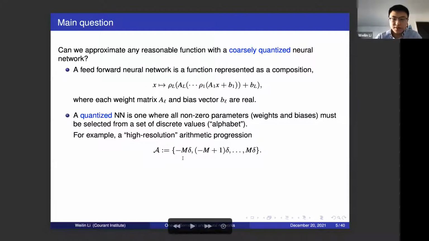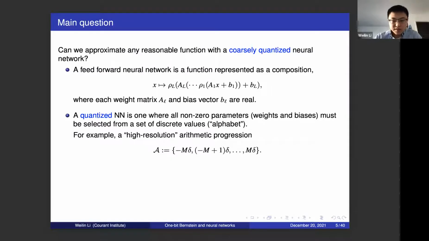So here you should think of delta as a very small number and then m as a very large number. And as long as m is large enough, delta is small enough, you can just round, say, any real number to its nearest neighbor in A, allowing you to now digitize it.